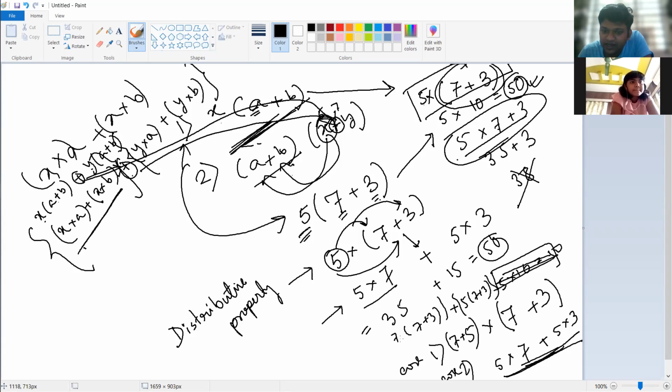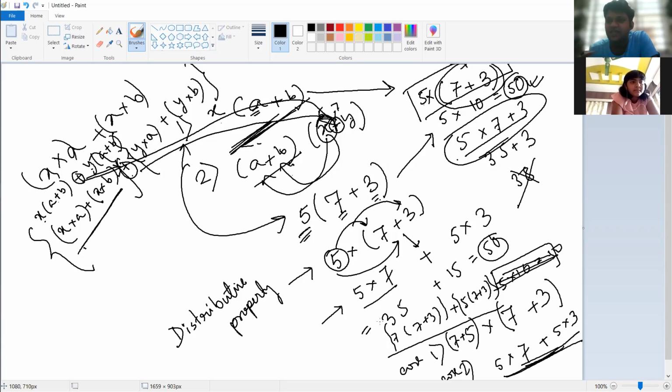Next 7 into 7 plus 7 into 3. Next 5 into 7 plus 5 into 3. You have to expand all the possibilities. At the end, you can calculate for this one. And if I give you alphabets, you can't calculate anything. You have to keep it over there.